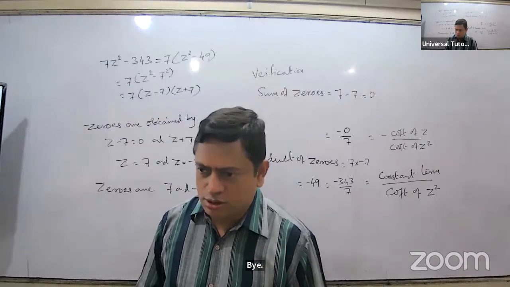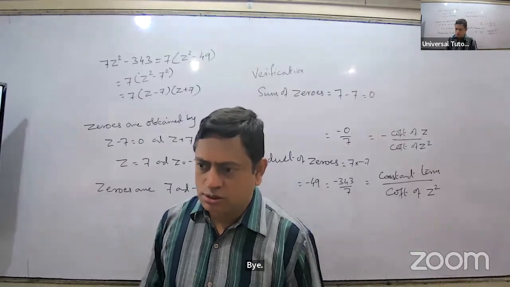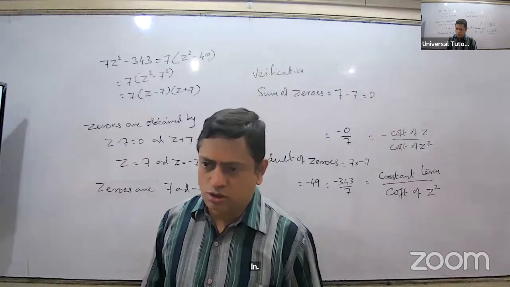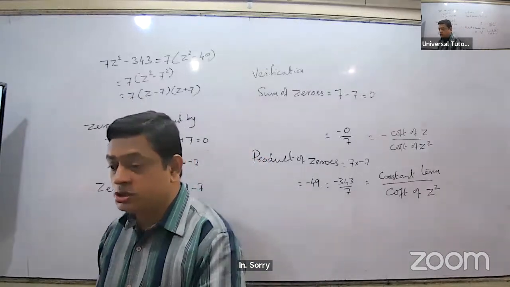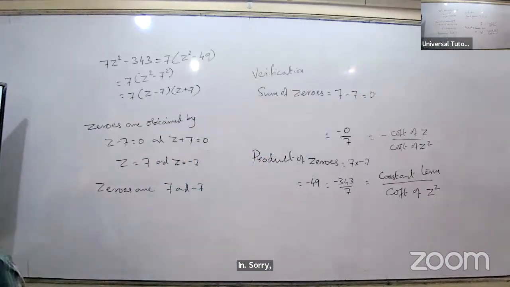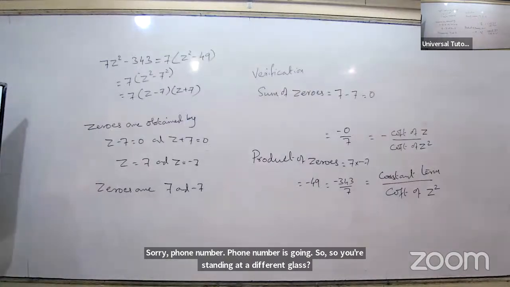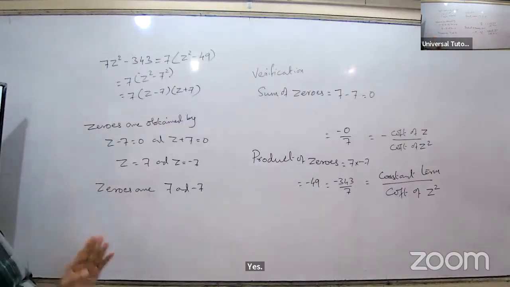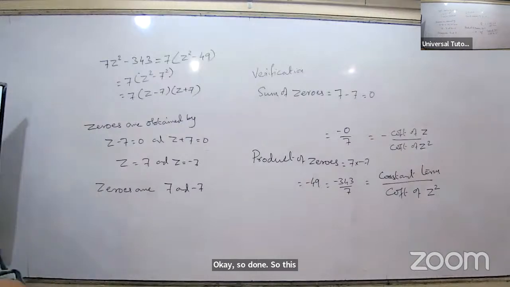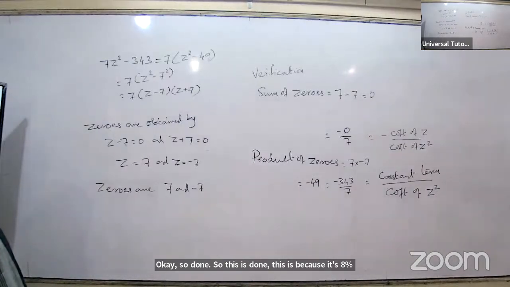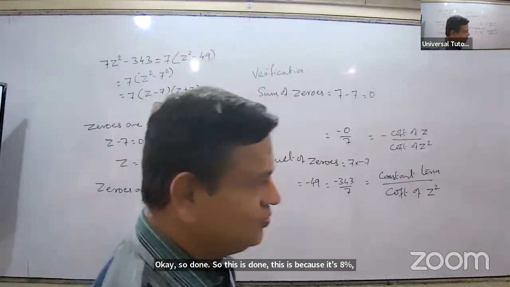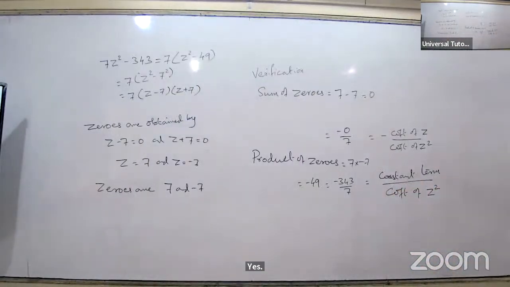Maths also, okay. What chapter was done? Polynomial is going on. So he is telling about a different class. Okay, so this is done. This question, the same question must have been done in class also, no? Chalo, okay.